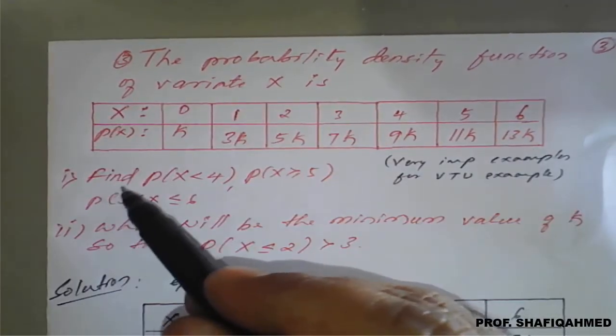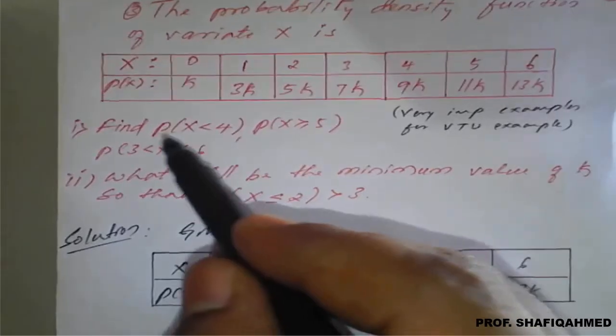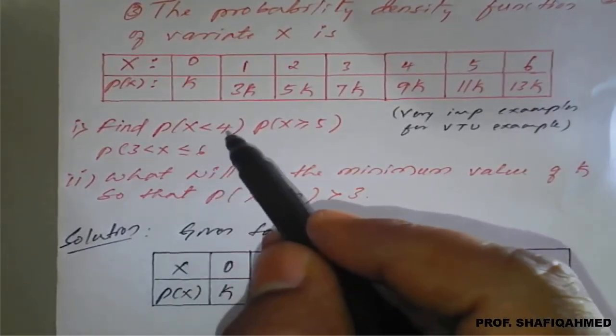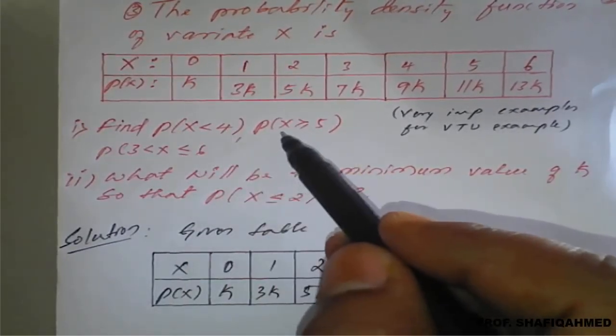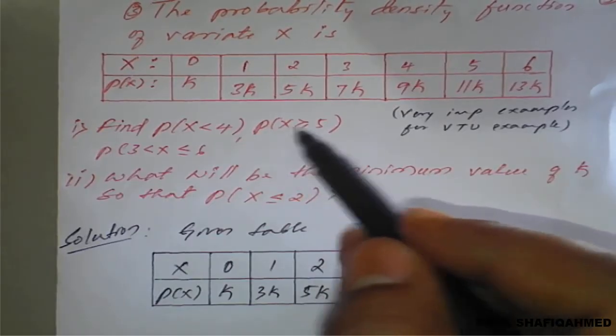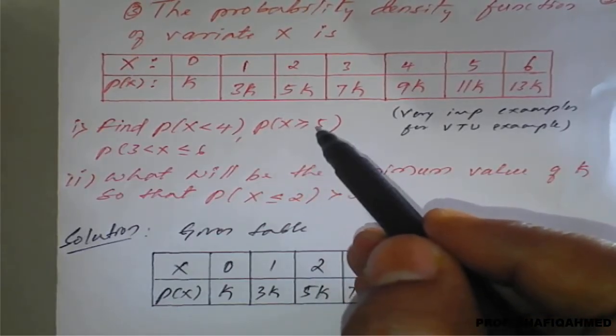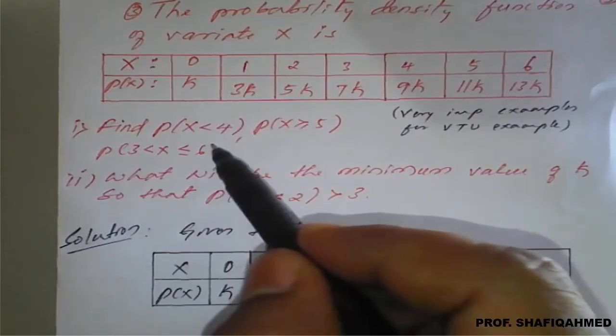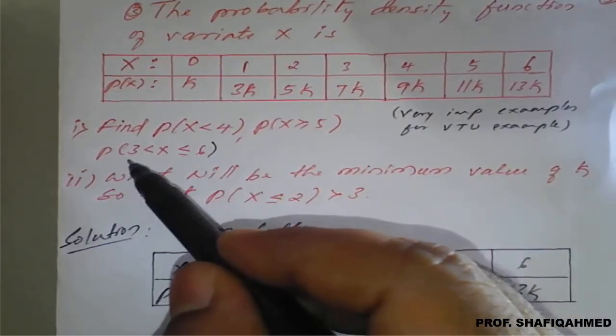We need to find the value of p(x) less than 4, p(x) greater than or equal to 5, and p(x) greater than 3 but less than or equal to 6.